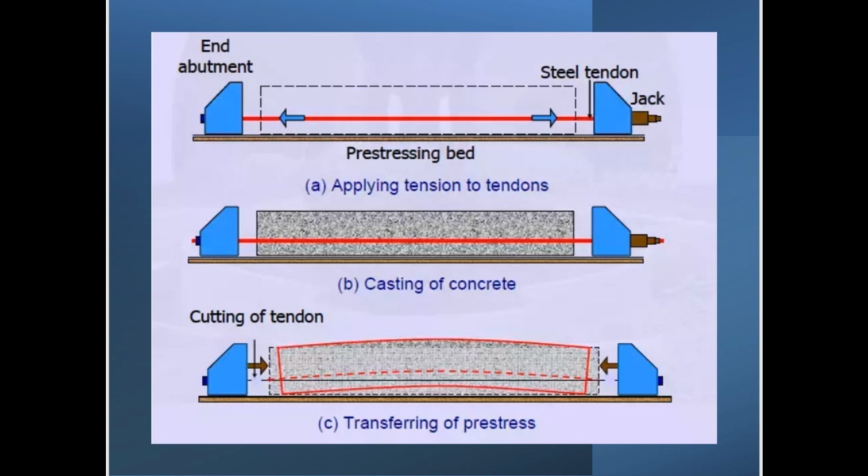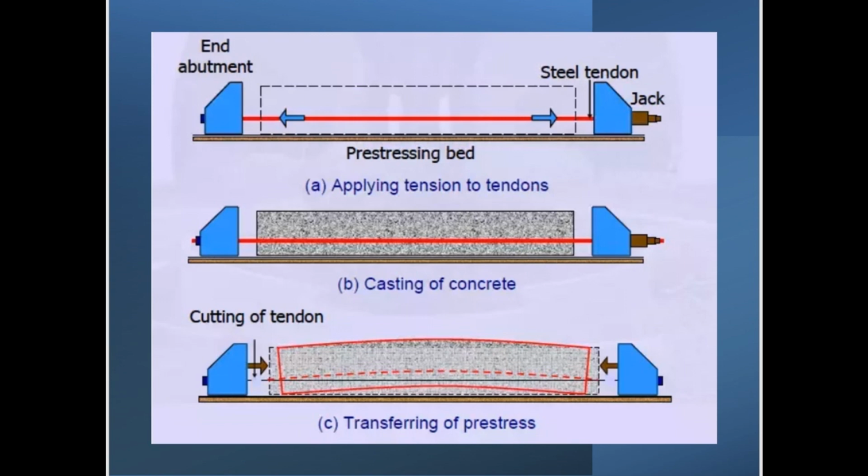The third step is, after pouring the concrete, we cut the tendon. Earlier it was connected here, now you can see it is cut at both the ends. So when the tendons are cut at both ends, the tendon will try to hog. There is no external load here, just a basic concept of how the nature of the tendon will be. So it will be hogging in nature.